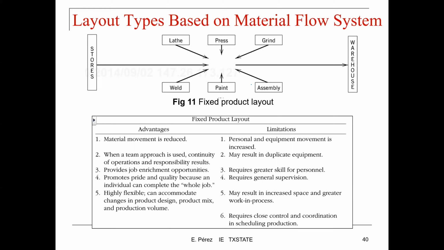When a team approach is used, continuity of operations and responsibility result. It provides job enrichment opportunities because employees need to get familiar with all operations. It promotes pride and quality because an individual can complete the whole job. Highly flexible, it can accommodate changes in product design, product mix, and product volume.